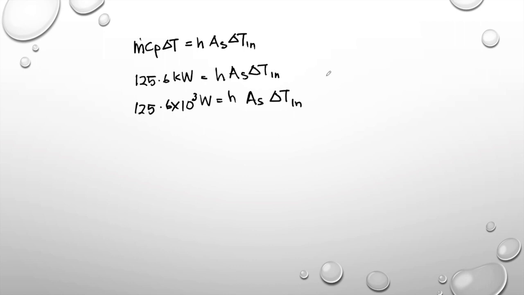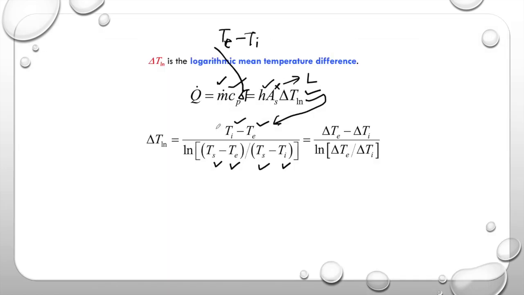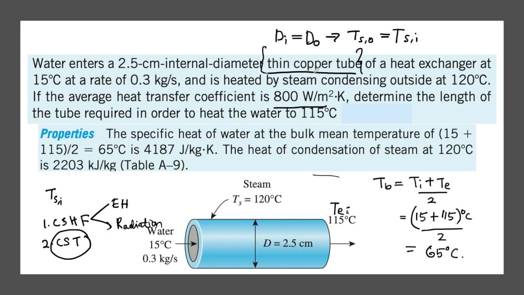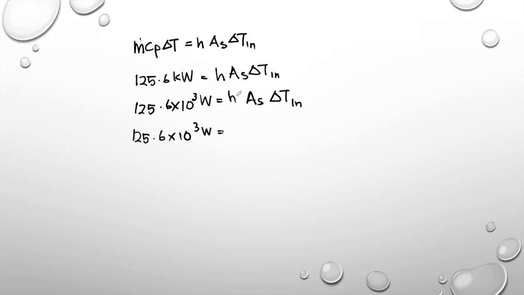So let's take a look at h. We have the h value that is equivalent to 800. So 125.6 times 10 to the power of 3 watt is equal to 800 watt per meter square dot Kelvin times As. I write the equation here.